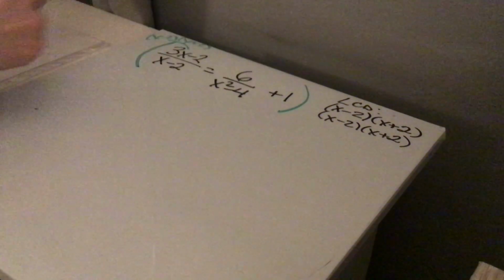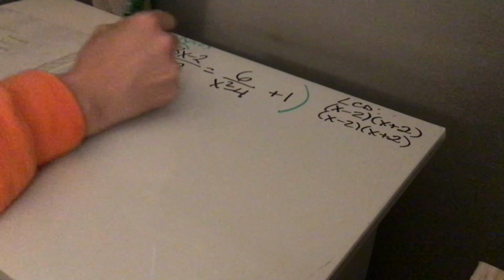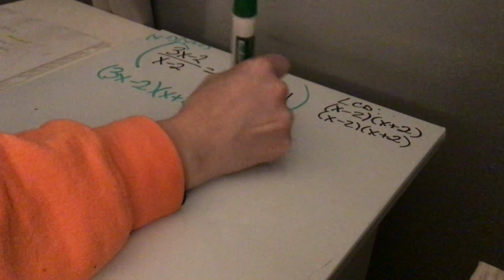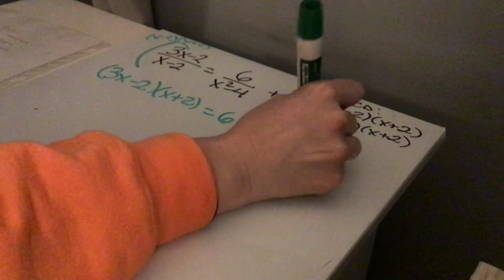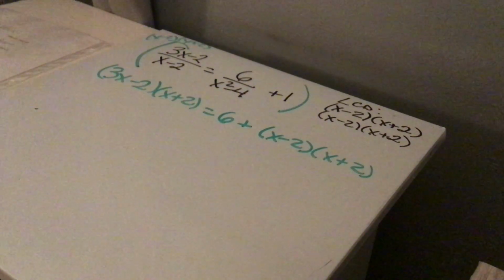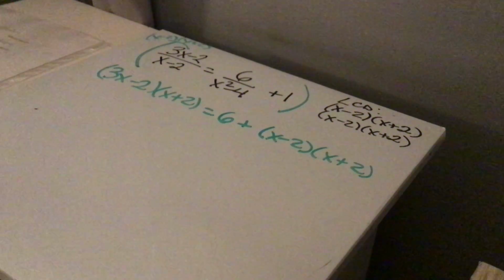When we multiply here, the x minus 2 cancels. So we get 3x minus 2 times x plus 2. The entire denominator is going to cancel here, so we get 6 plus x minus 2 times x plus 2. Then you have to simplify this. So we're going to FOIL.